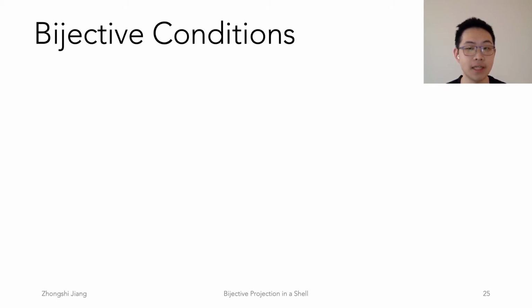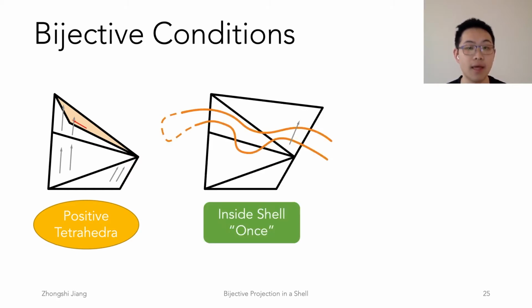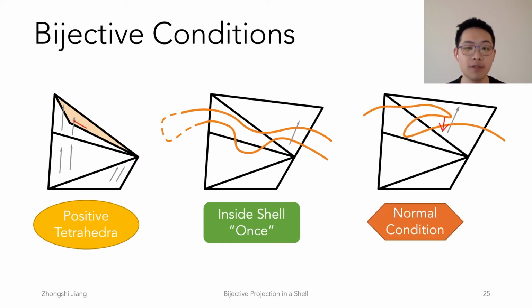The first condition is that the volume of all the tetrahedra should be positive. Otherwise, the vector field will locally fold onto itself. Second, the surface we're considering should pass through each cell only once. However, even if there's only one component in the cell, it could bend and wiggle arbitrarily.